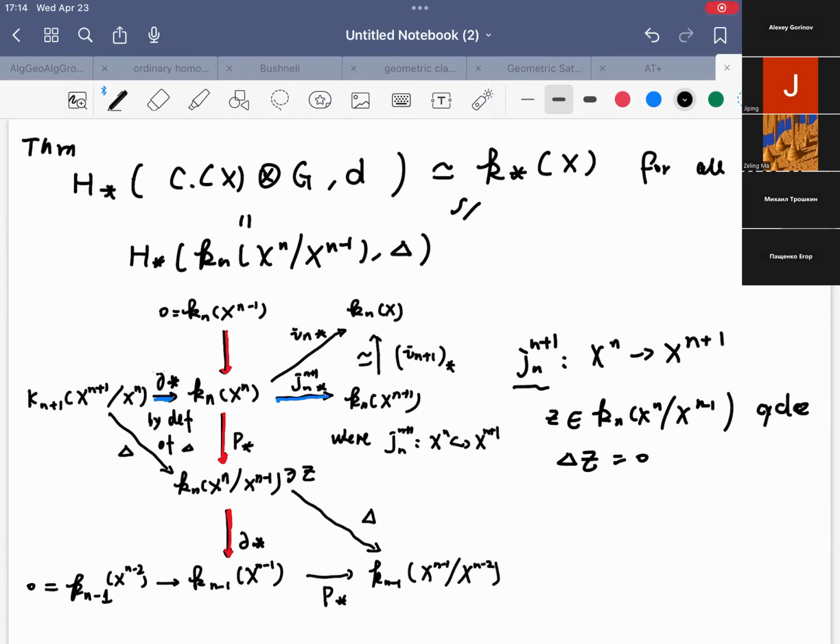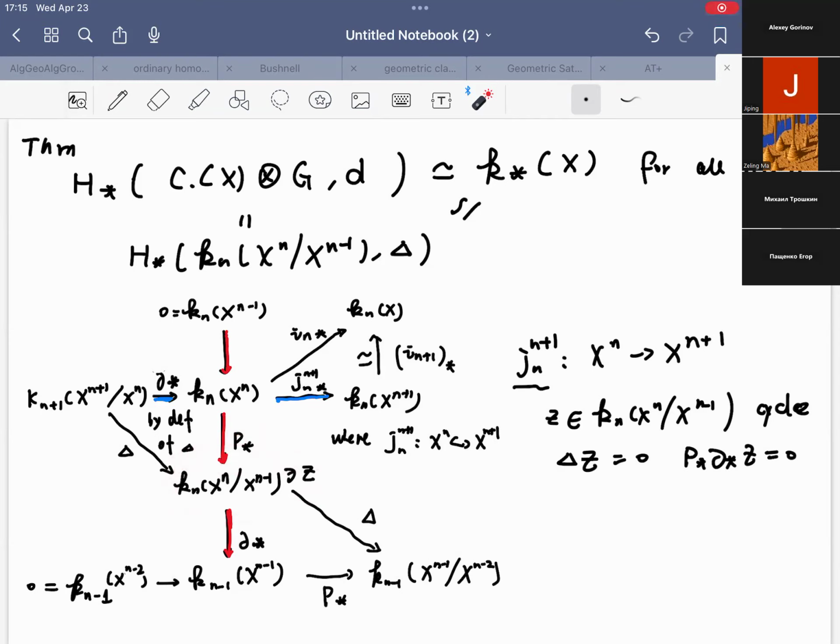So partial star Z is p star partial star Z equal to 0. Then you use the p star Z is here, partial Z equal to 0.